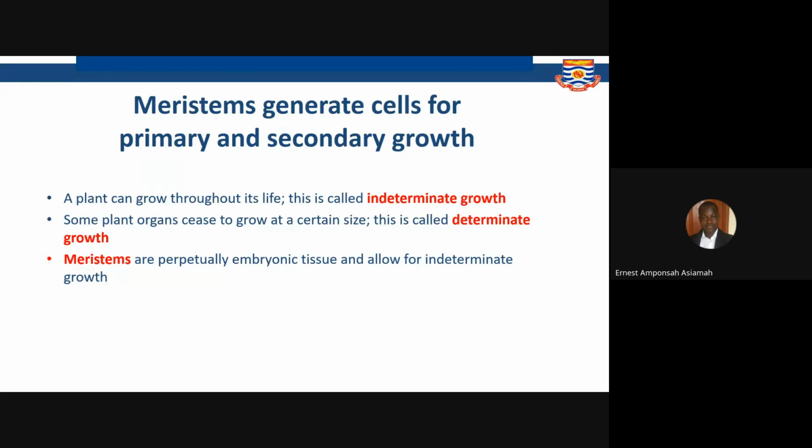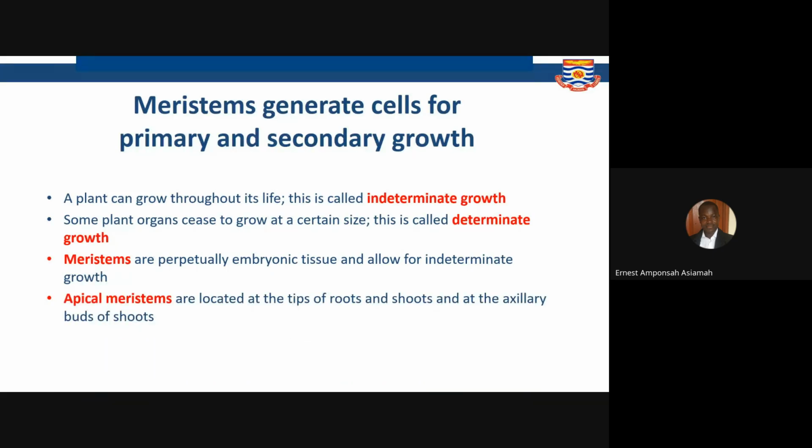Now, meristems are embryonic tissue, and they allow for indeterminate growth. So if the plant has to grow forever, it is a meristem that is accountable for that. There are different types of meristems, based on the location on the plant. For example, we have apical meristems.